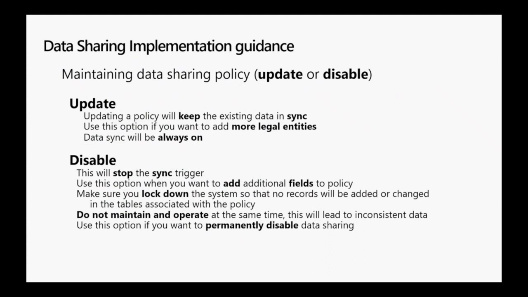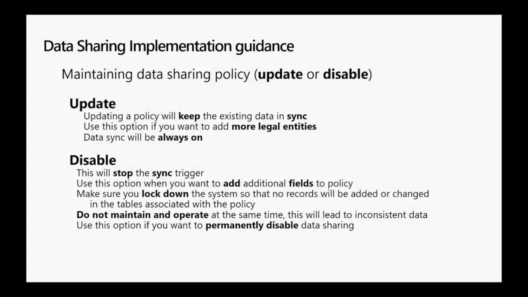The other one is the disable one, and that's the one you have to be very careful with, because this will really stop the synchronization trigger. Typically, you would use that in a scenario where you want to add additional fields to the policies, some that you had switched off earlier. But you must make sure that you only do that disable and enable when you have a complete lockdown of the system.